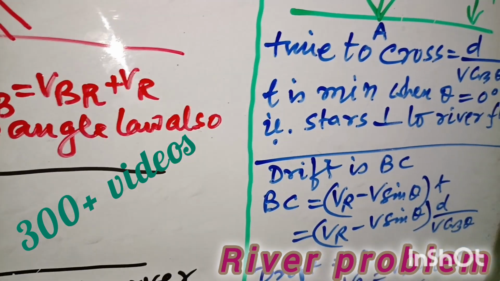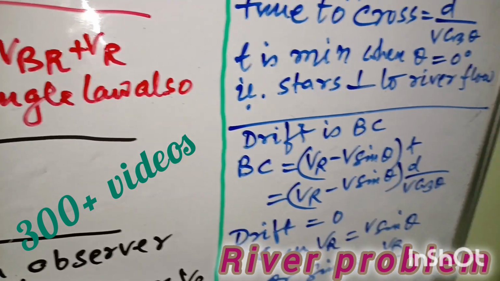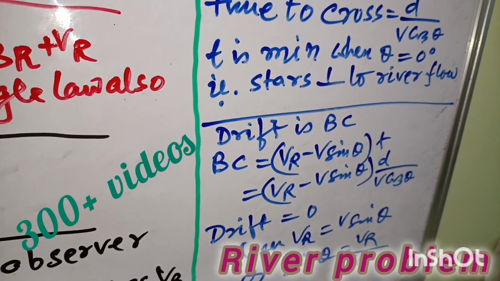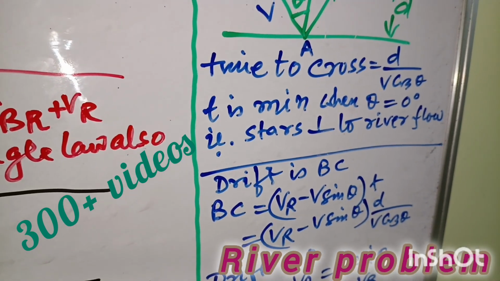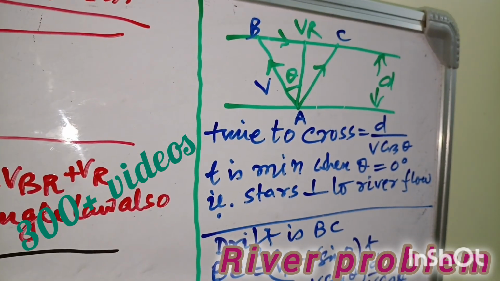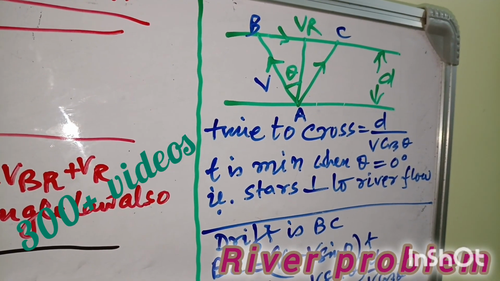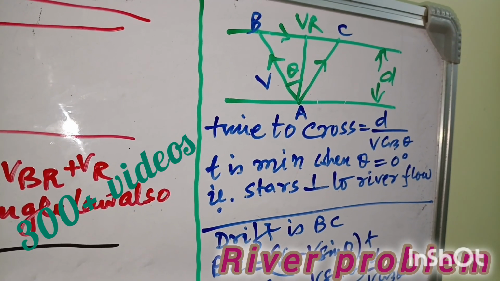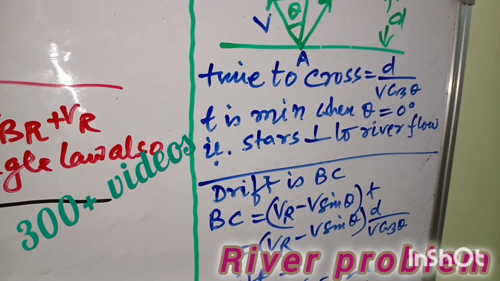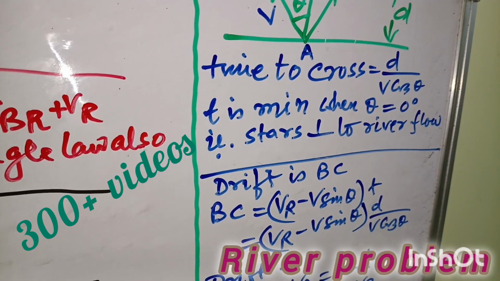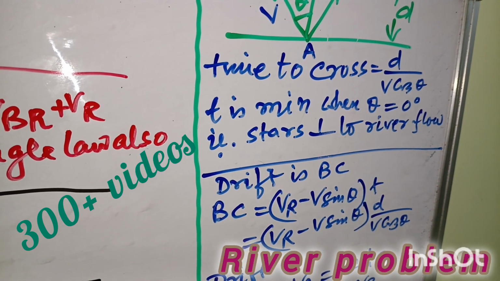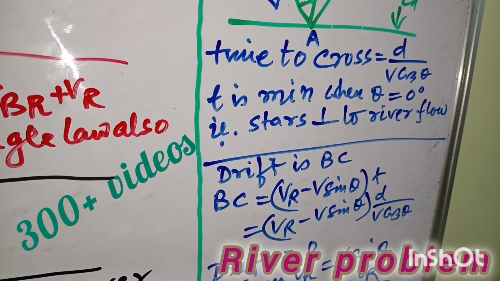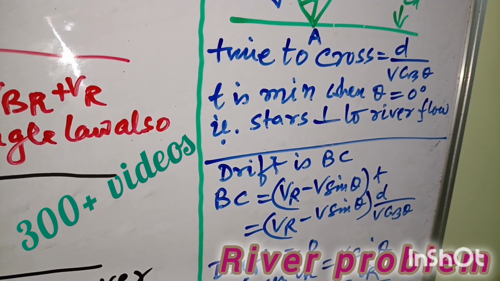That is to be remembered. Again, the drift is BC, we know. What is BC? See, the boat is being pushed by the river in the right direction and the V sin theta is in the left direction. So net velocity is Vr minus V sin theta. That particular velocity is helping for the drift. That particular velocity into time t gives the drift.